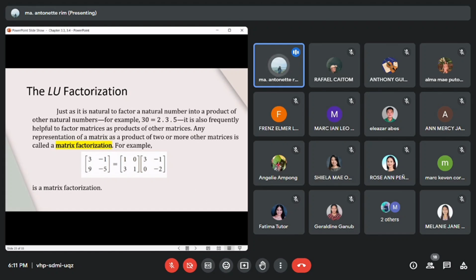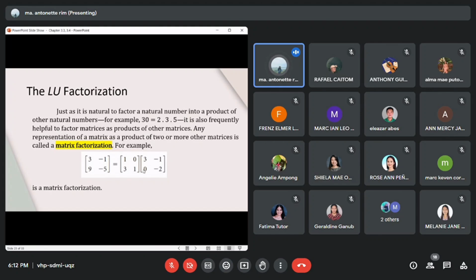So for example, this matrix here, [3, -1; 9, -5] is equal to [1, 0; 3, 1] times [3, -1; 0, -2], which is a matrix factorization. So kung ato ni siyang i-times ng duha ka matrix, the product is our original matrix.